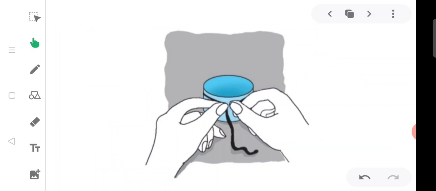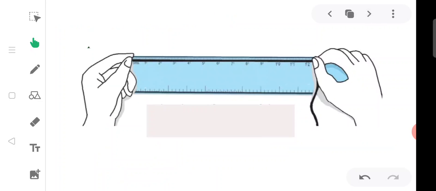Then measure the straight string with a ruler. The length of this straight string is the length of the circle.